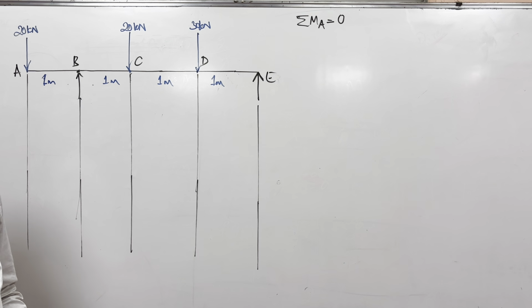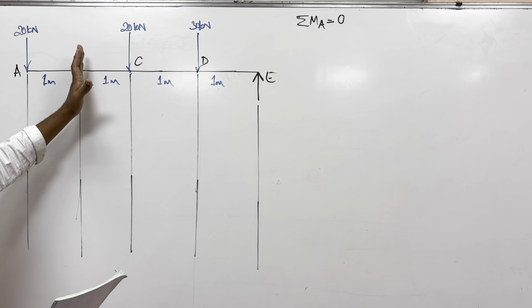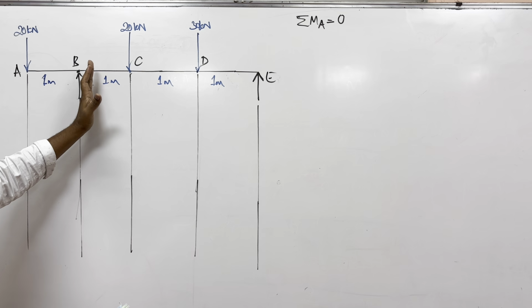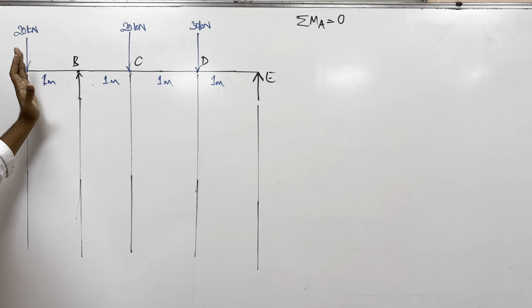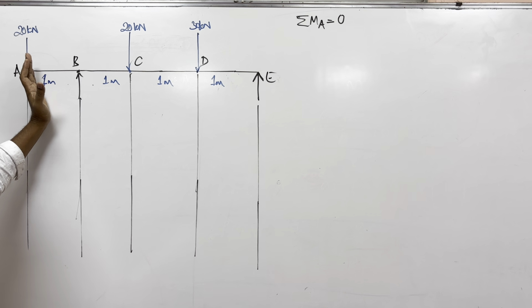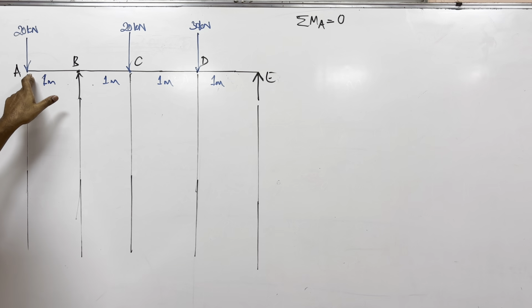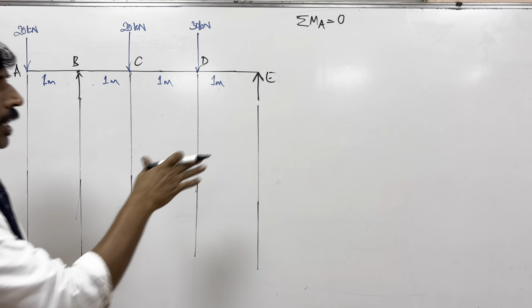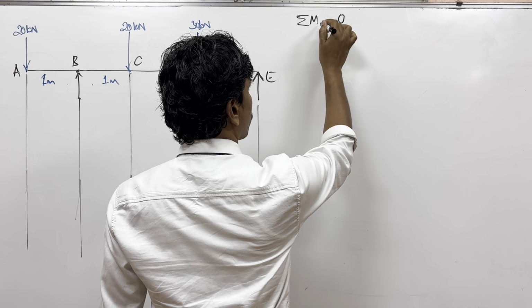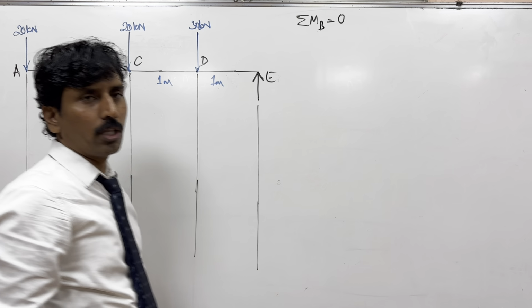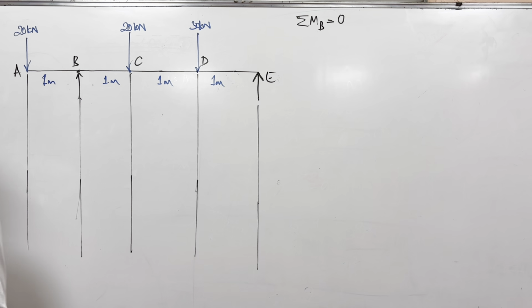Many people make this mistake. When you have a hinge which is not on the left hand side, people take sigma MA and end up having two unknowns. So you should not take moments with respect to A; you should take them with respect to B, so that one unknown is eliminated.